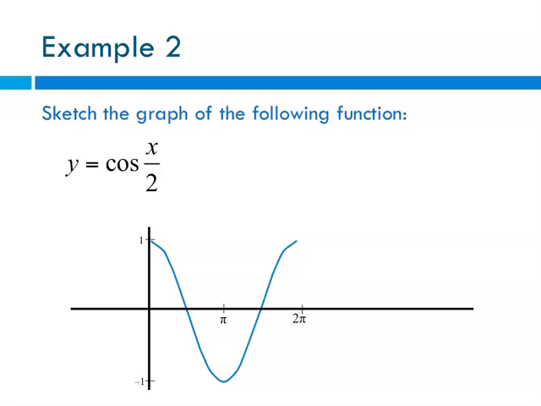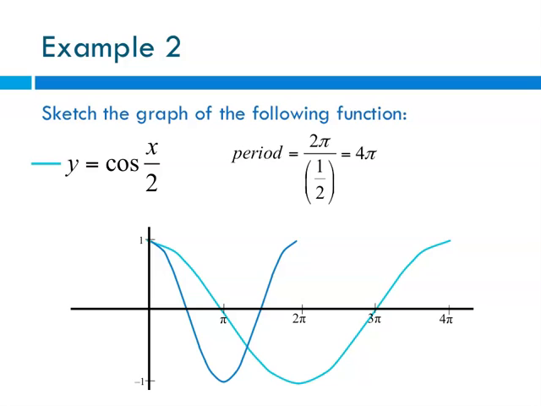So the period is 2 pi divided by b, in this case 1/2, and 2 pi divided by 1/2 is equal to 4 pi. So this means that instead of the period being 2 pi, it's now 4 pi, so one cycle is now being stretched out, so it won't return back up to 1 until you get to 4 pi. So that's what the graph would look like.